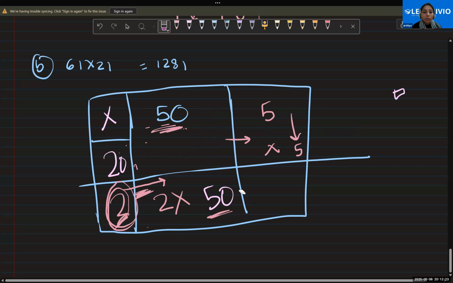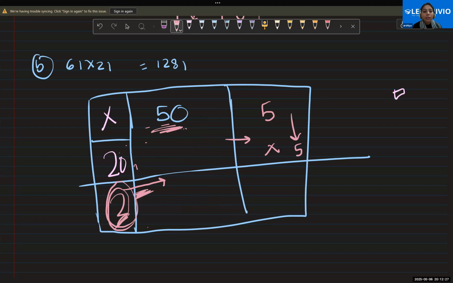If we are going down, we have 5. And if we are moving across, what is the number that I should write in the sleeping direction? 20. Yes, 20. Then again, in the down direction, what should I write?